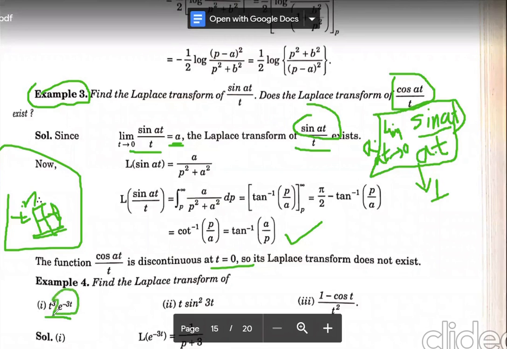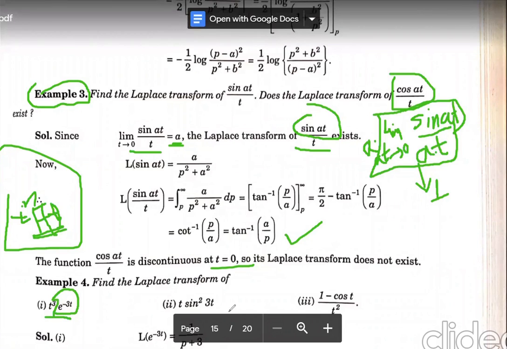Give it a name, f of t, and then use the t to the power n f of t result. So that will be p cube times the Laplace transform of f of t, minus p square f of 0, minus p f dash 0, minus f double dash 0. Then you put all these values there and solve, and you will get the result.